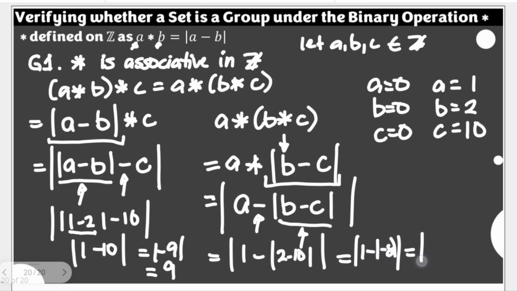So you have 1 minus positive 8, that's negative 7. The absolute value of negative 7 is 7. See? We have different results when we consider different numbers, A, B, and C. This shows that star is not associative in Z.